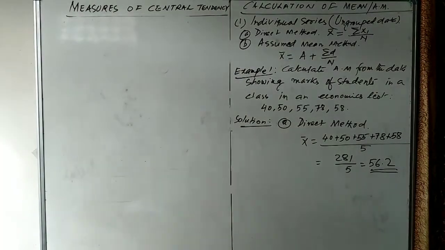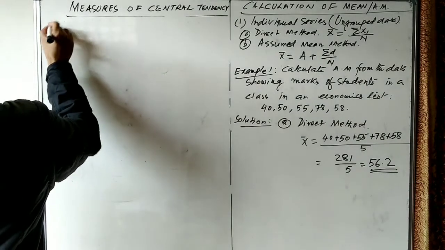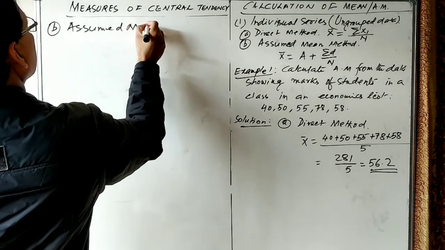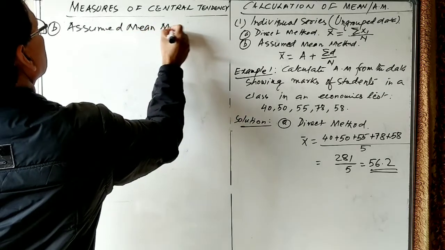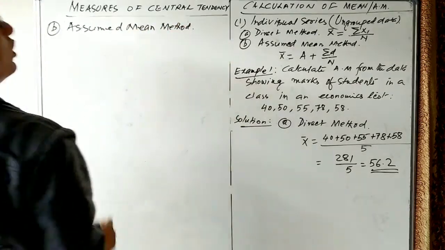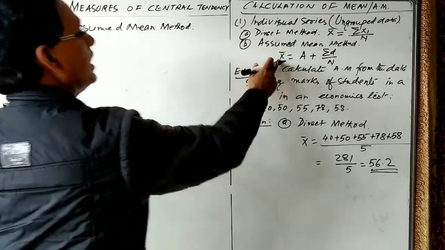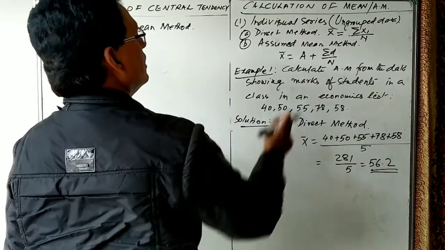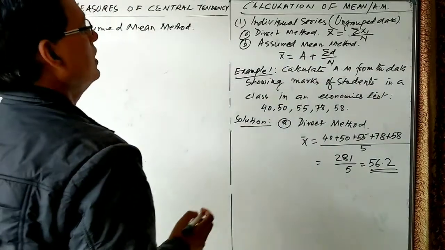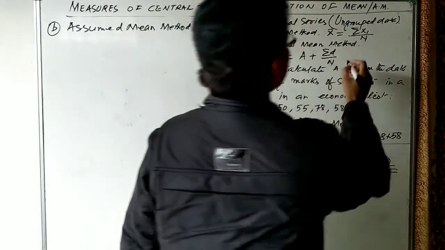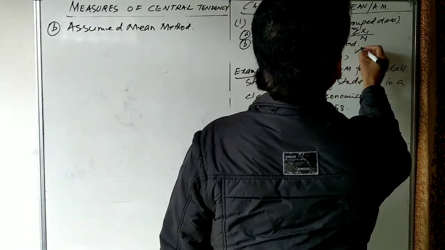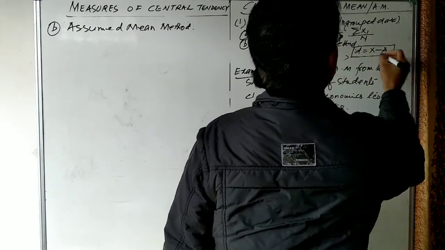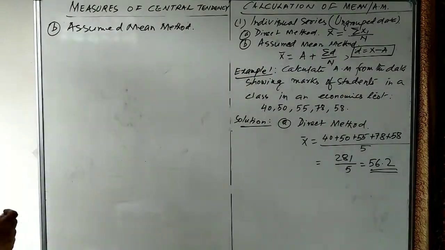So let us see, B is the assumed mean method. I have already written the formula: x bar is equal to A plus sum of D divided by N. A means assumed mean. D is equal to X minus A, where X is the observation.